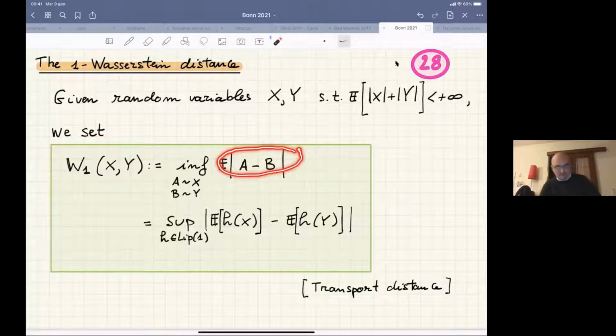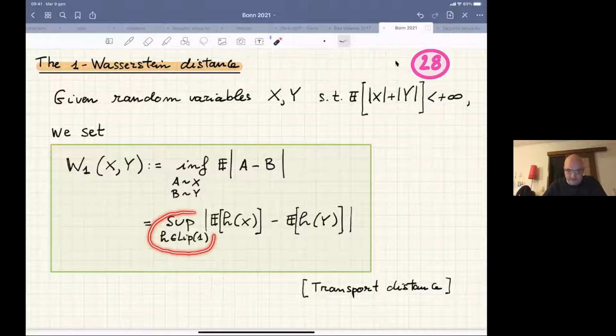And this one Wasserstein distance has a dual representation in terms of a supremum over all Lipschitz functions h with constant less or equal to 1, of the absolute value of the difference of the expectation of h of X minus the expectation of h of Y. And actually, this second representation is the one that we're going to apply and use in my presentation.